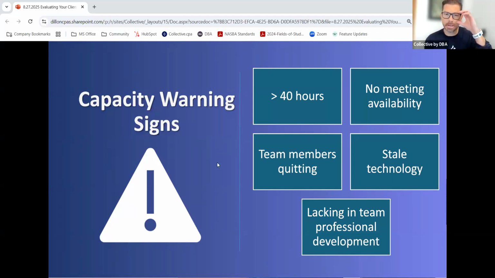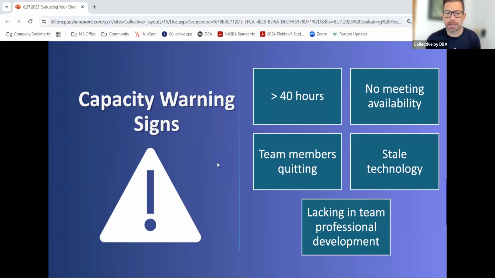All right, Marcus. Yeah, so overtime or extra overtime, if I could say it that way, not having time to meet with a new prospect or new client, or no time in the immediate future, for example, team members leaving the firm, stale technology, and lacking team or professional development.